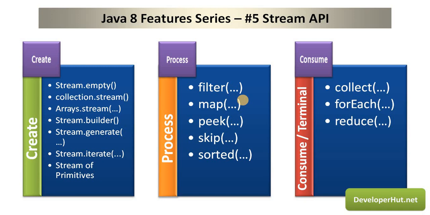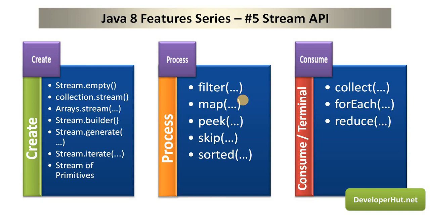Then we have a peek method, a skip method if you want to skip something, and we also have a sorted method, which will sort your entire stream. There are overloaded forms of all these methods available, right? So in sorted you can add your comparator as well, a custom comparator if you are using your custom class.